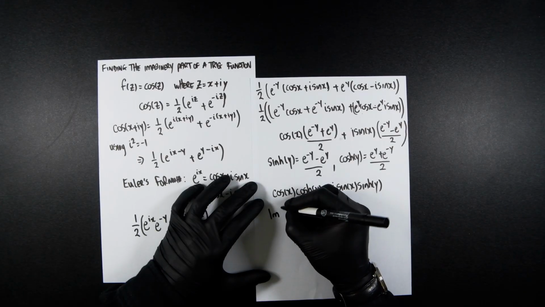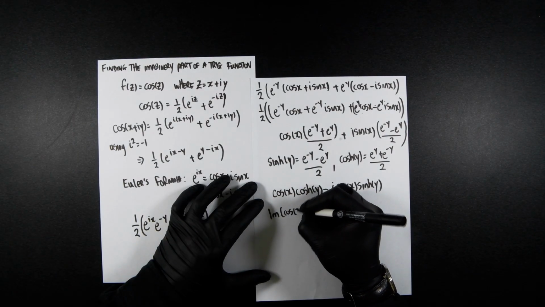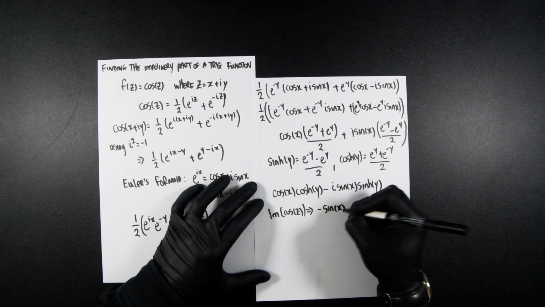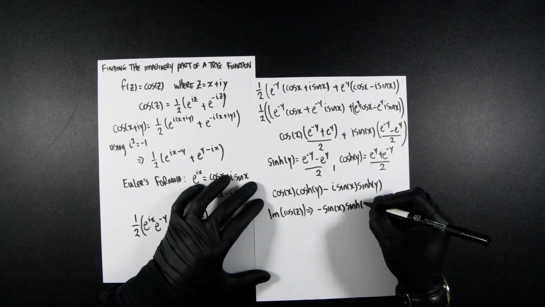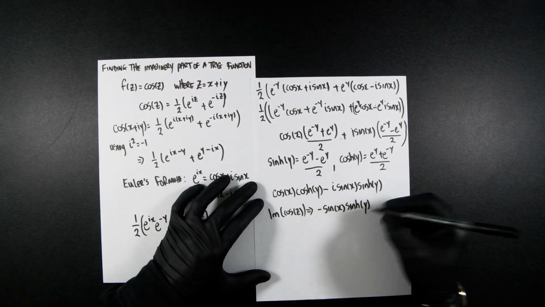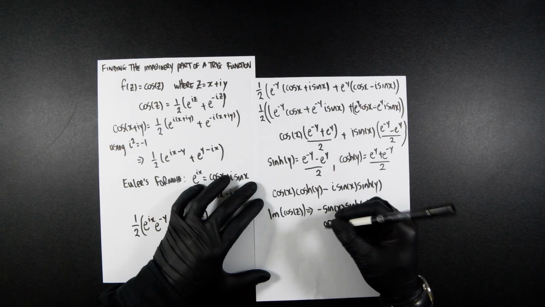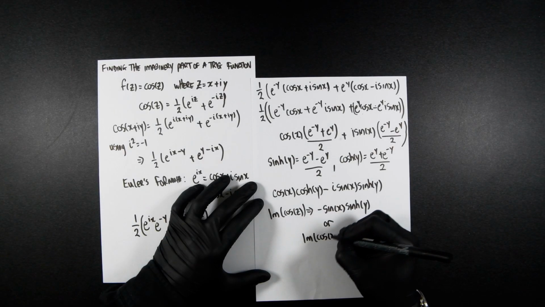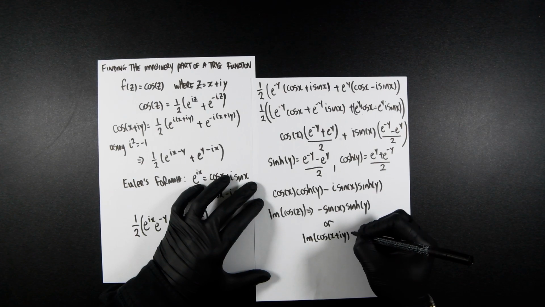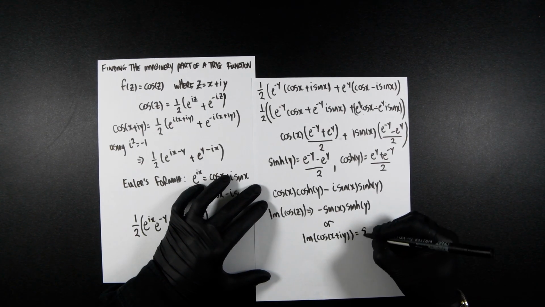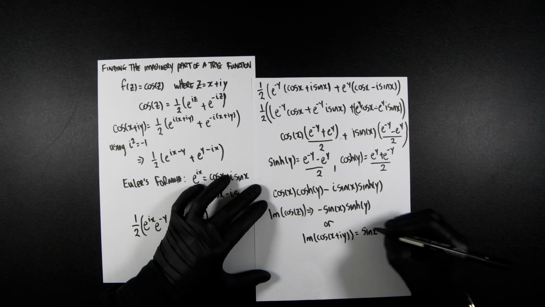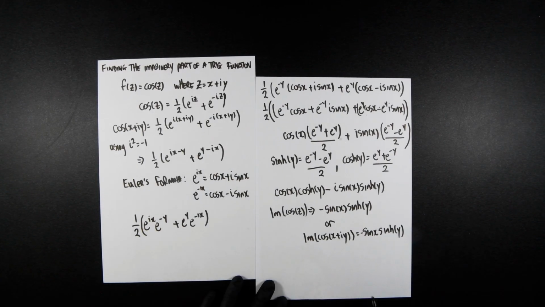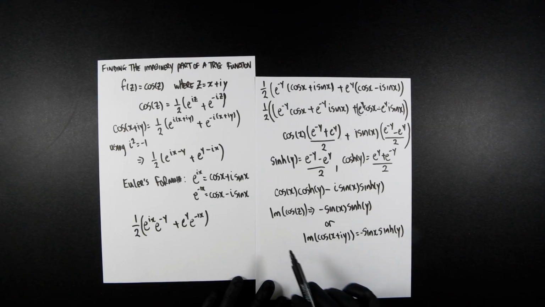The imaginary part of cos z is going to be minus sin x sinh y, or they might ask you to write it as the imaginary part of cos of x plus iy is minus sin x sinh y. Either one is fine. You could even just highlight this, but just remember that that's going to be negative.